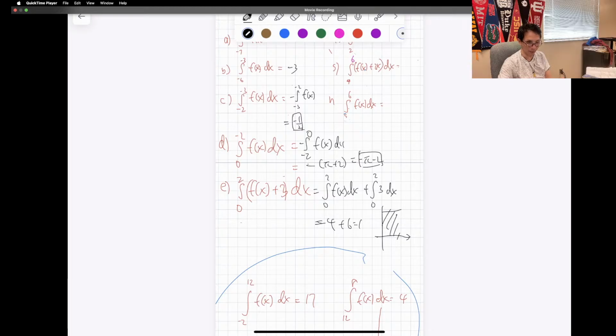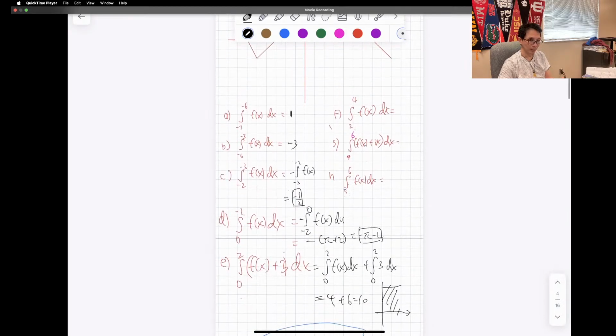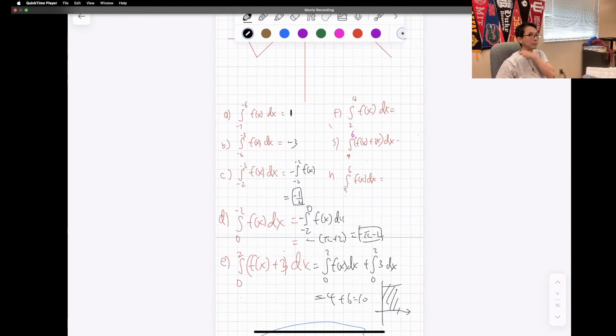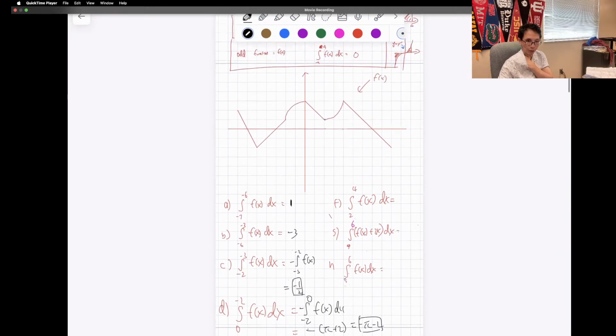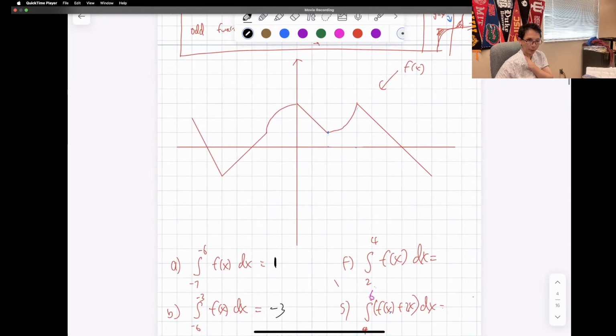So that's equal to 10. You add 3 times 2 because it's an extra rectangle. You can do that. All right. F. The integral from 2 to 4 of f of x dx.